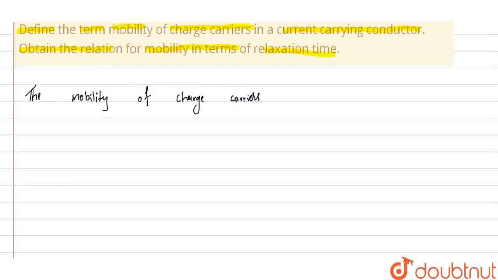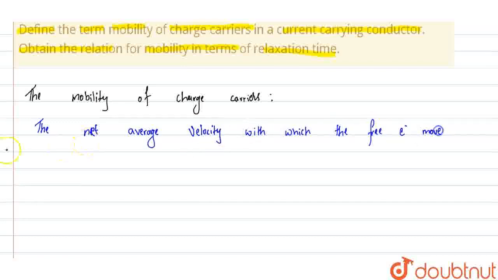So this is important because it happens under the influence of an external electric field.